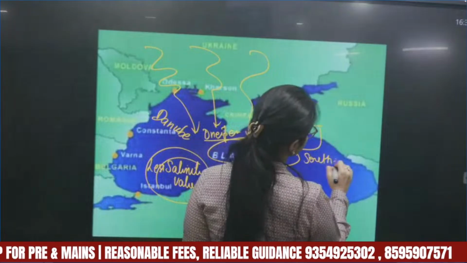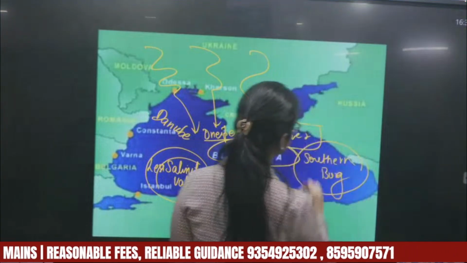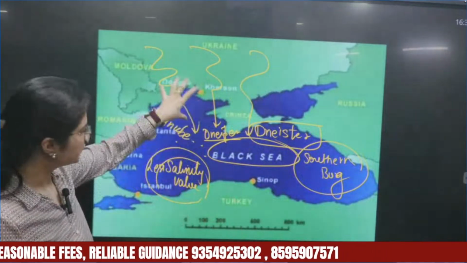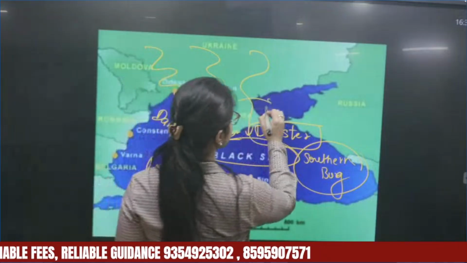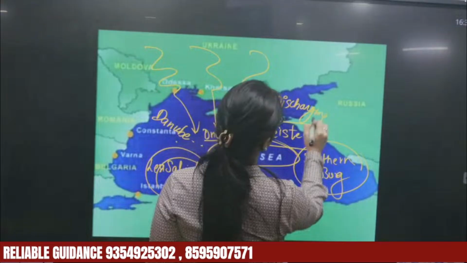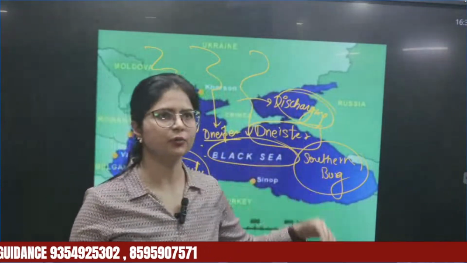Southern Bug is another. Since many rivers are draining, and they are discharging, basically the right word is discharging, they are discharging into this water body. It will decrease the value of the salinity of the particular water body.